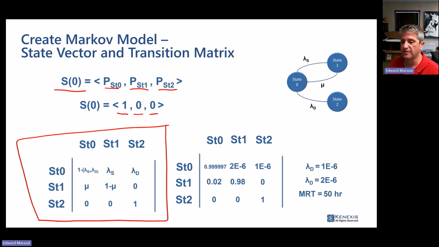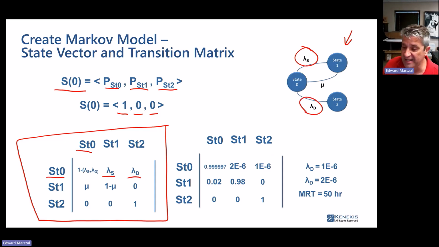Then we build up our transition matrix. So our Markov model is over here again, and we're going to start by putting down the numbers for state 0. We're not going to start with the transition from state 0 to state 0 because that's going to be an artifact of our calculation. So to get from state 0 to state 1 is lambda s. To get from state 0 to state 2 is lambda d.